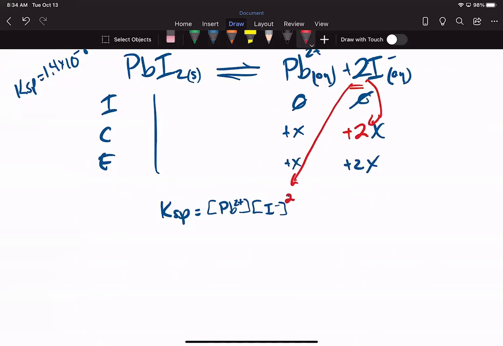So our KSP, we know that it's 1.4 times 10 to the minus 8. So 1.4 times 10 to the minus 8 is equal to x times 2x squared.